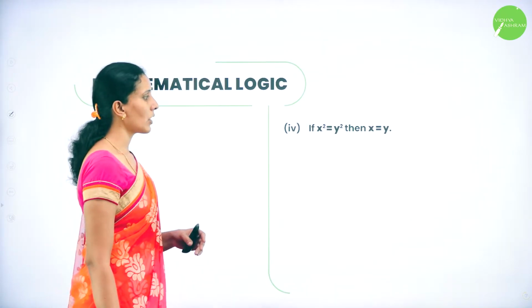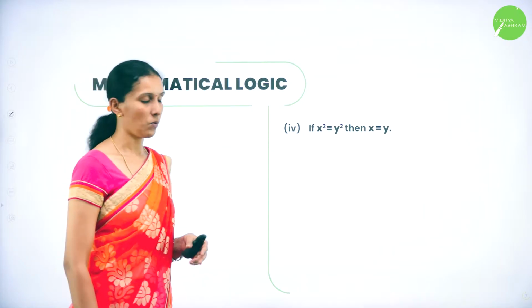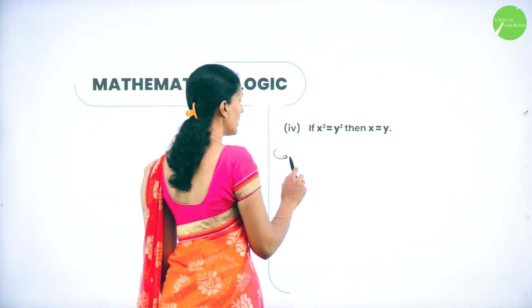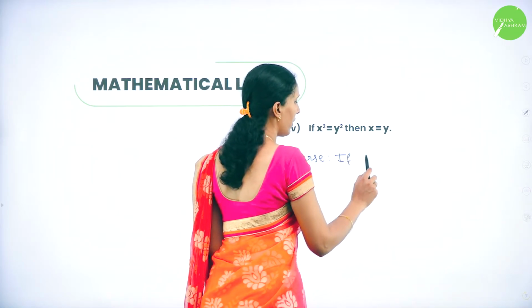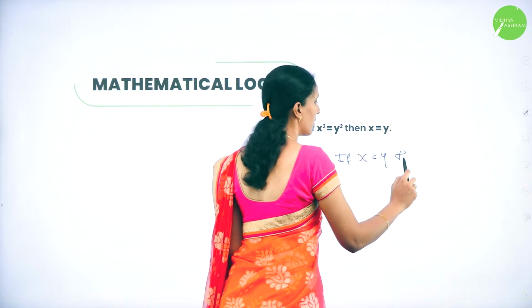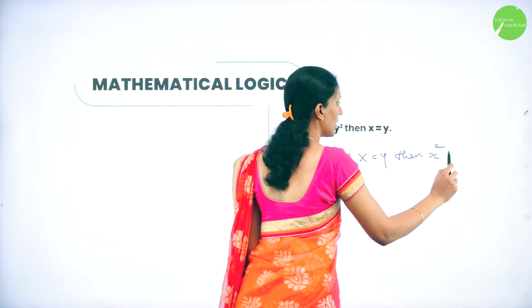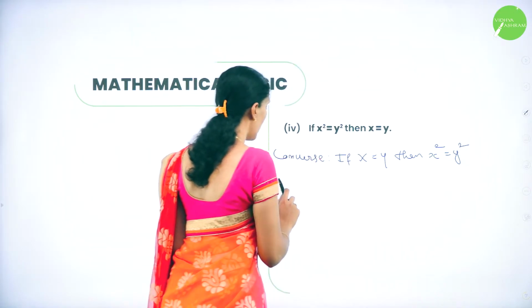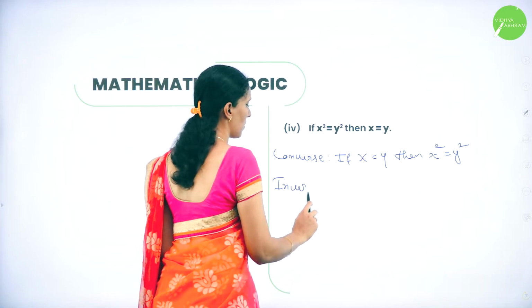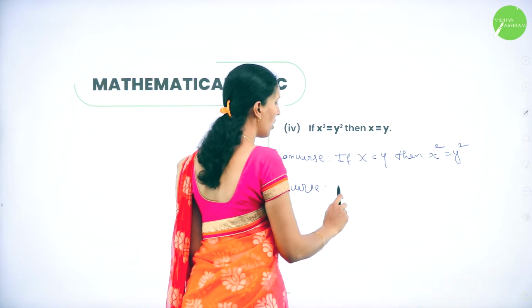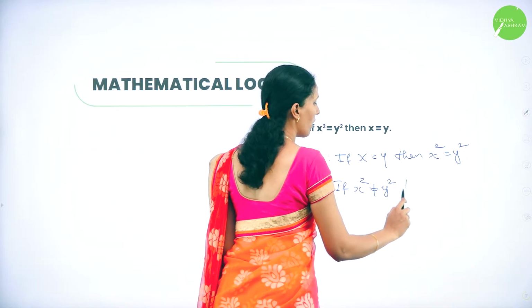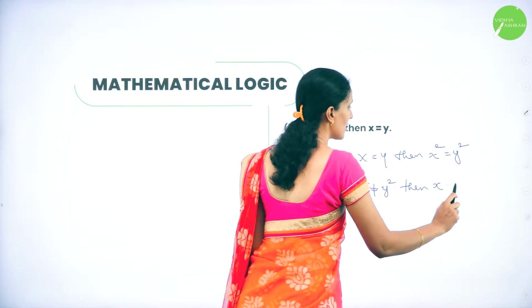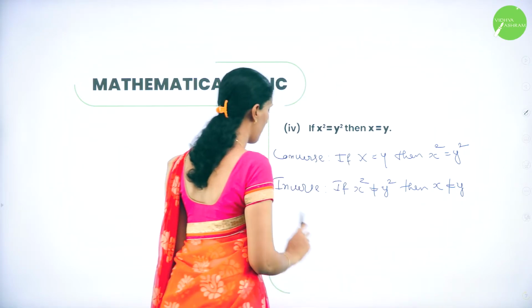If x square is equal to y square, then x is equal to y. So let's write the converse. What is converse? If x is equal to y, then x square is equal to y square. Inverse, simple, apply not. Not means if x square is not equal to y square, then x is not equal to y.